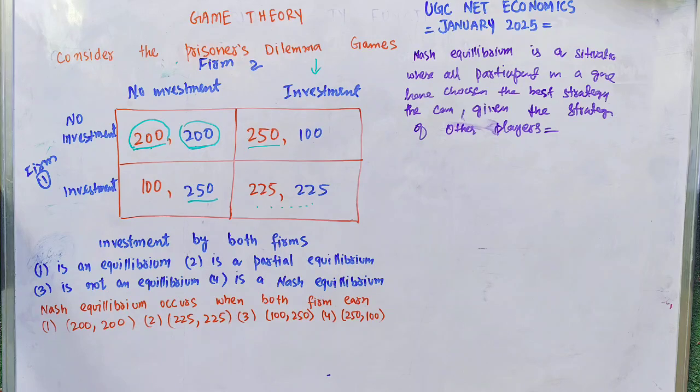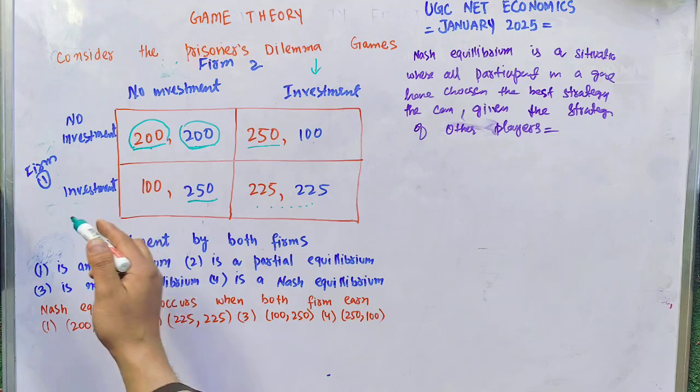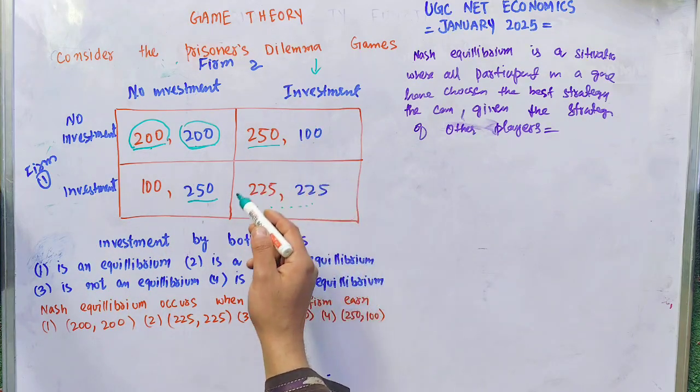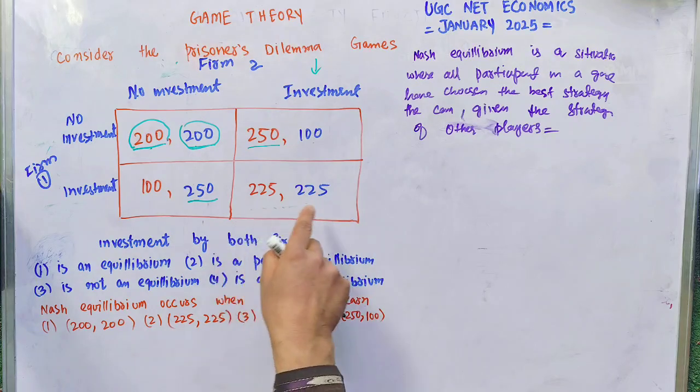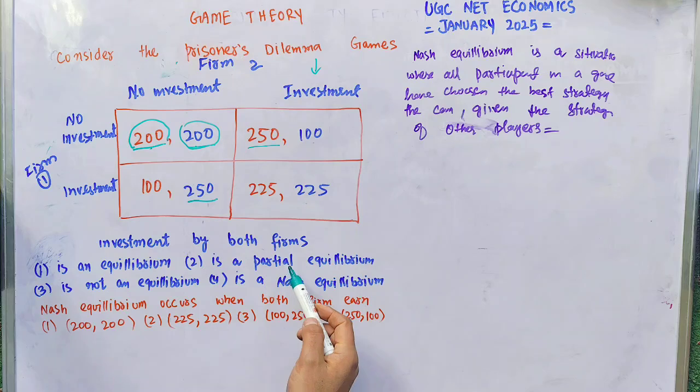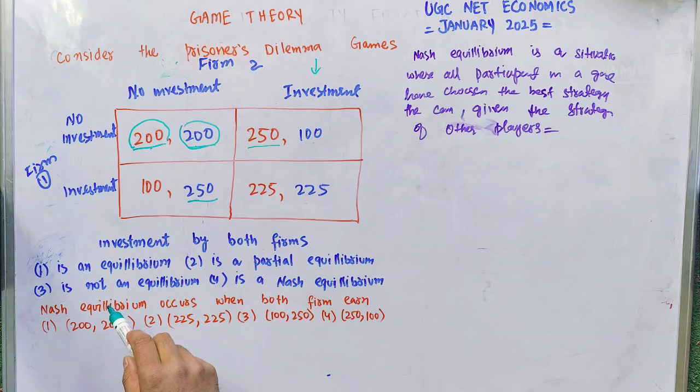Okay, so for the first question, is investment chosen by both firms an equilibrium? No, because investment chosen by both the firms would have been this very cell, and nothing is underlined here. That means it's not an equilibrium, neither is it a partial equilibrium. Is it a Nash equilibrium?